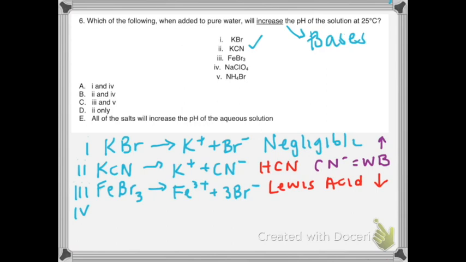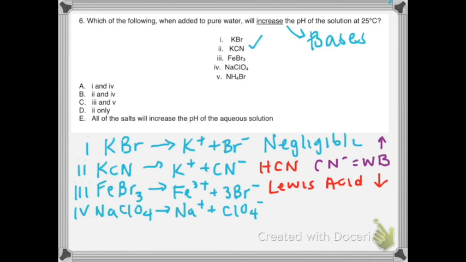Okay, so our fourth salt is NaClO4. And so it will dissociate into sodium ions and ClO4 ions. So sodium would come from sodium hydroxide, which is a strong base.